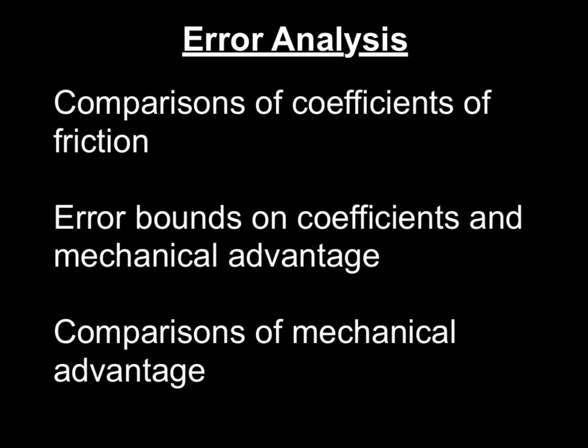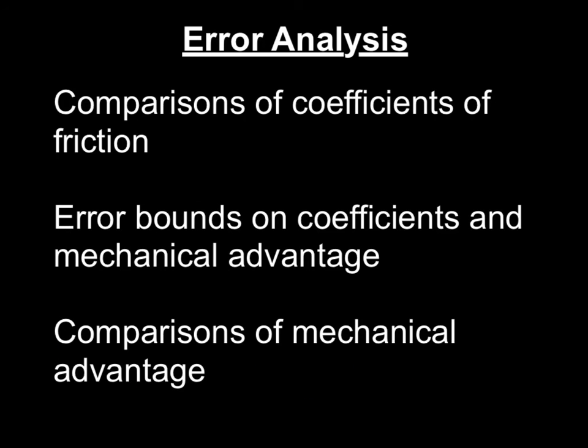And here's a quick recap on a couple of things that are going to be important. You need comparisons of the coefficient of friction. You're going to find them two ways, so compare from part A and part B. I need error bounds on your coefficient of friction. And then I also need comparisons of your mechanical advantage. Just state what has a higher mechanical advantage, shallow ramp or steep ramp, and give me some data to back this up.